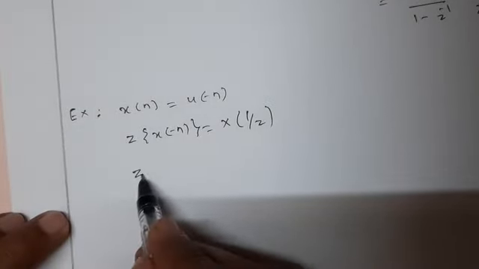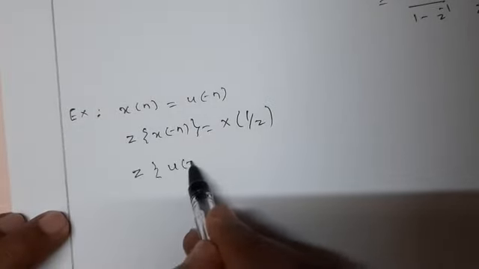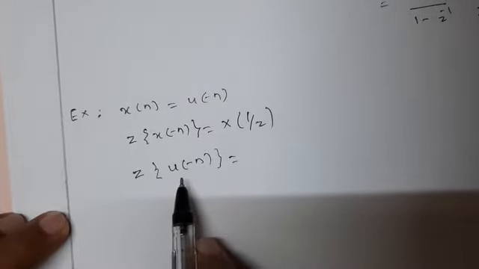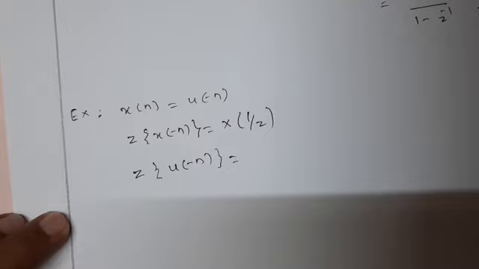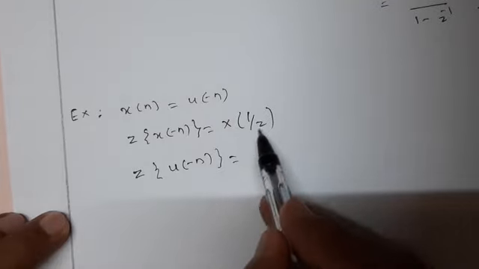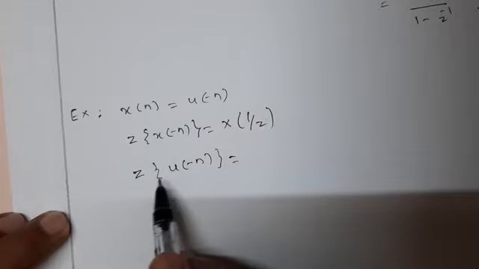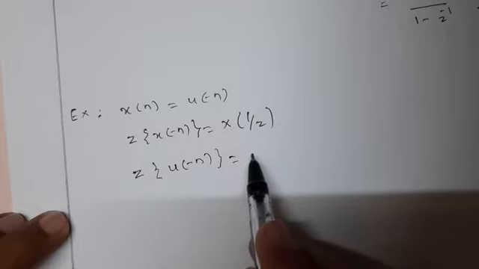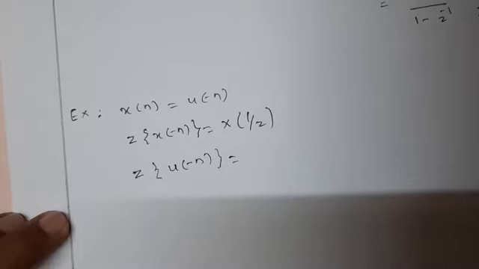So Z transform of u of minus n is, wherever z is there, you have to replace it by 1 by z. So if you want to know Z transform of u of minus n, you should know Z transform of u of n, so that in that equation you replace z by 1 by z.